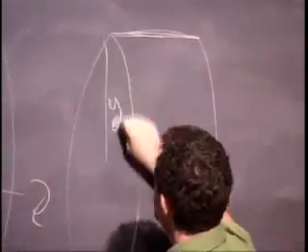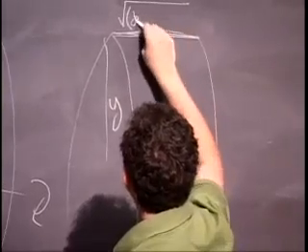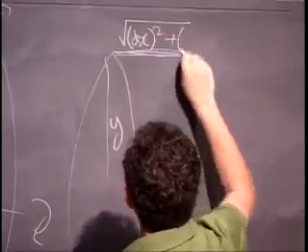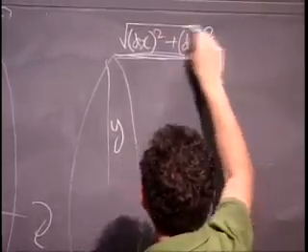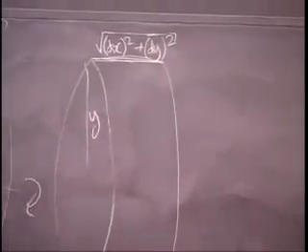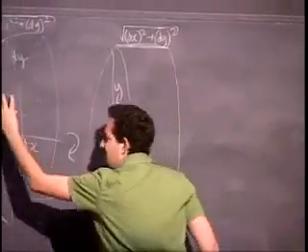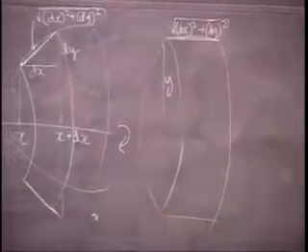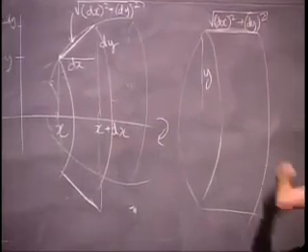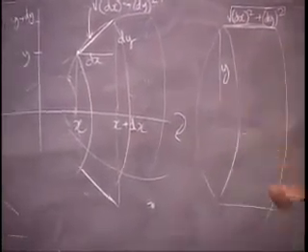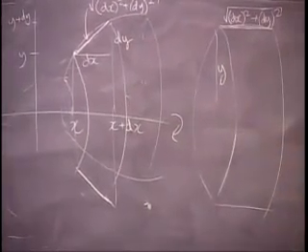It has height y, and it has length root of dx squared plus dy squared. Again, that's not the same as this, but when the strips are very, very thin, this and this have very similar surface areas. So this can unfold, if you cut it out and stretch it out, into a big rectangle.